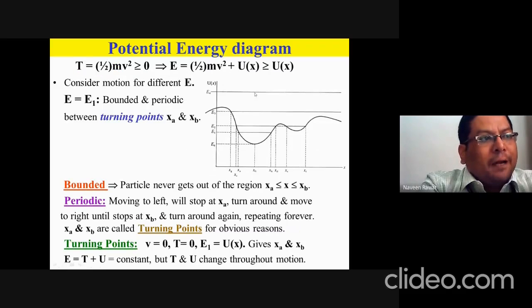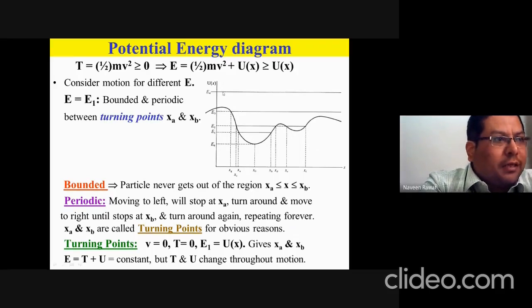Now we can consider the motion of a particle by looking at the different values of the energy that it possesses with respect to this U of x curve. Let's take the first example, where the energy of the particle is E1.